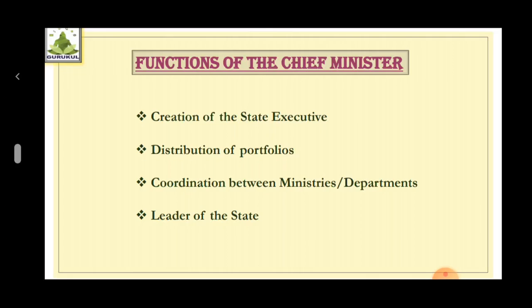If no party secures a clear majority, different parties can come together to form the government. In such a case, the Chief Minister has to perform the difficult task of giving a place to all the constituent parties in the alliance.